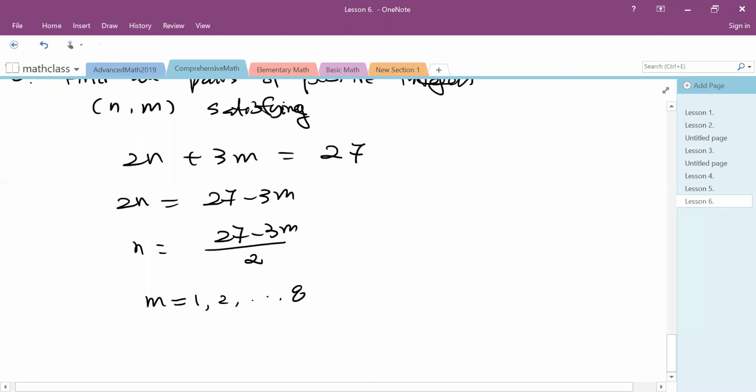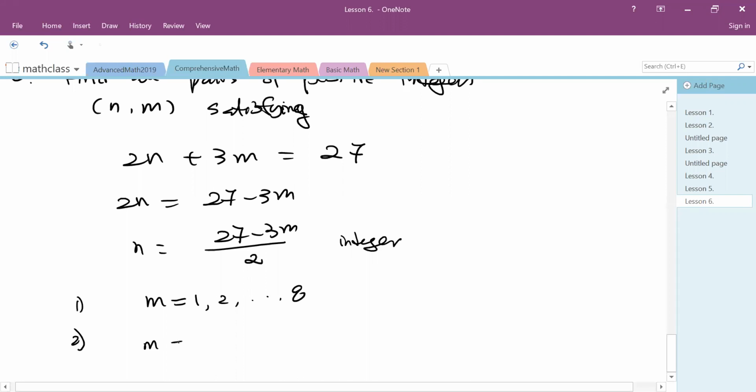But by simple computation, you want to make sure this is an integer. If it is, the numerator must be even. In order to make sure the numerator is even, m cannot be even, because 3 times an odd number is odd, and then the difference will be even.